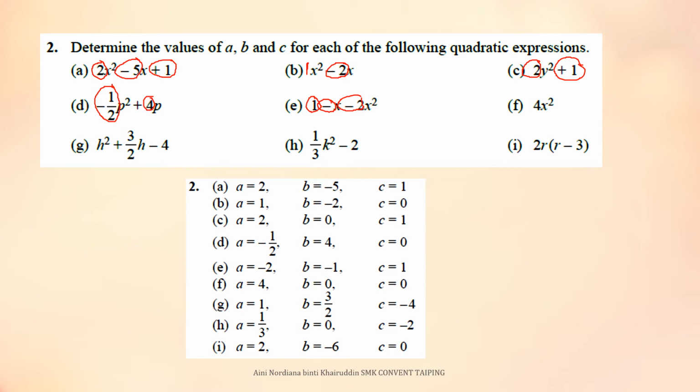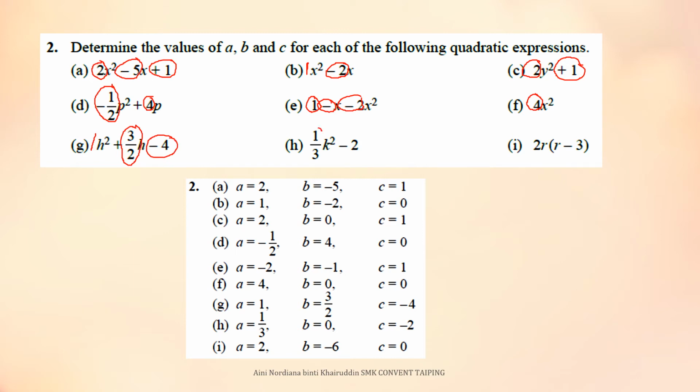For question F, the value of a equals 4, whereas the values of b and c equal 0. For question G, the value of a equals 1, the value of b equals 3 over 2, and the value of c equals negative 4.